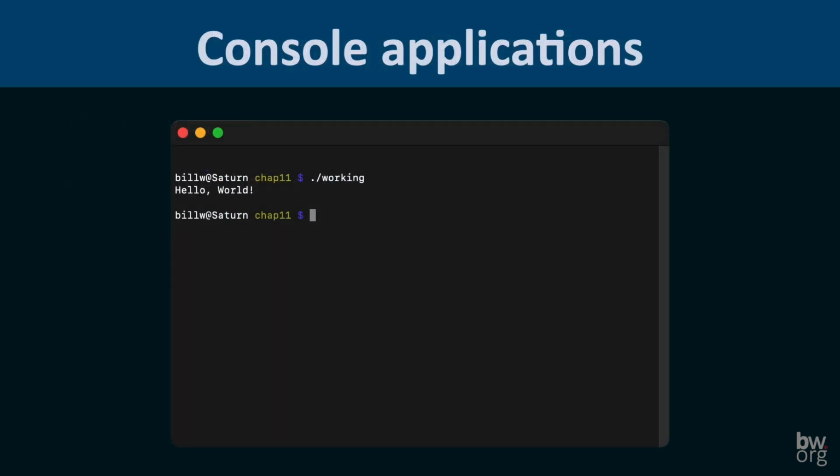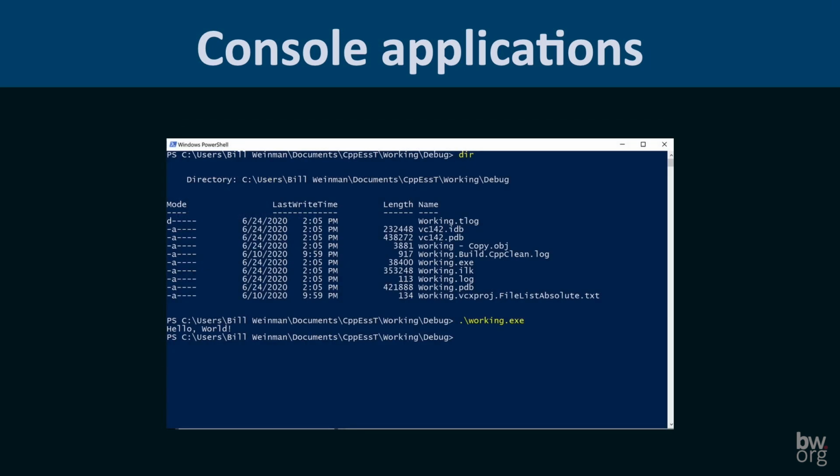The examples in this course are all console applications. This allows us to focus on the C++ language itself without distraction from the unique requirements of the various graphical user interfaces of different operating systems. Every operating system, including both Mac and Windows, is capable of running standard C++ console applications.